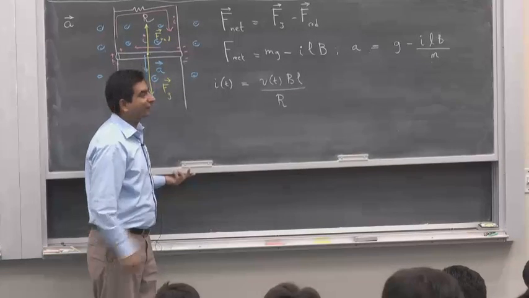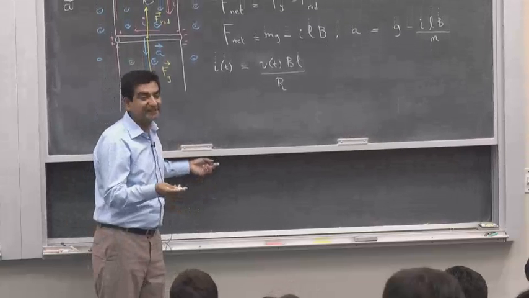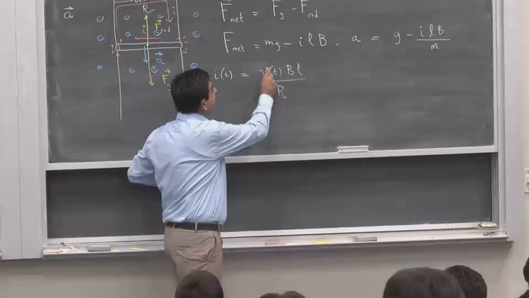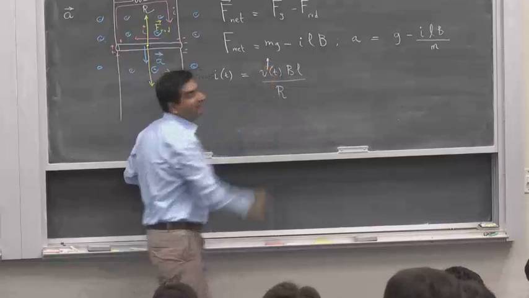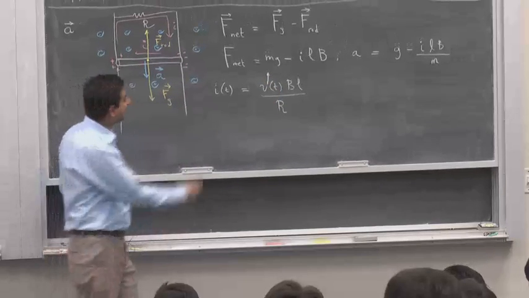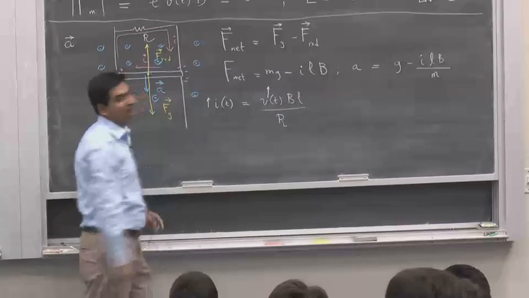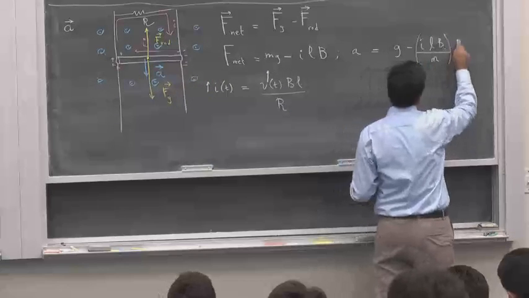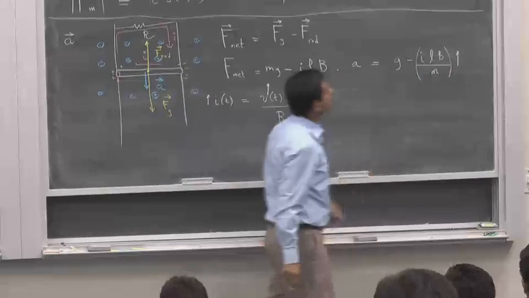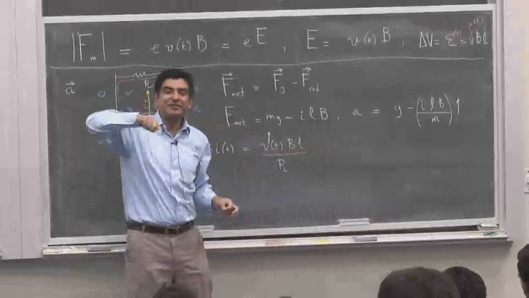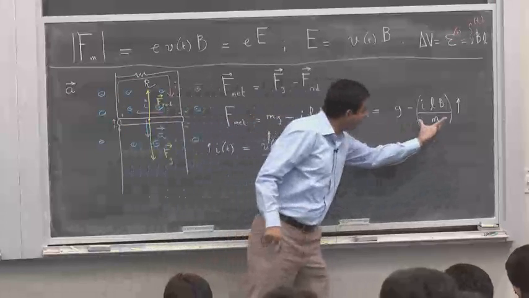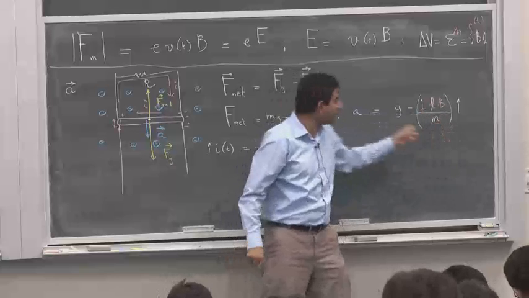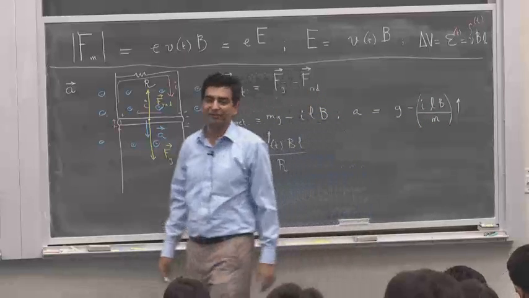Alright? Now there is some acceleration. It's less than the acceleration due to gravity. But as there is some acceleration, this v goes up. When this speed goes up, the current goes up. When this current goes up, this term goes up. And when this term goes up, it can eventually reach a position where this acceleration, its dimensions are of acceleration, will become equal to the acceleration due to gravity.